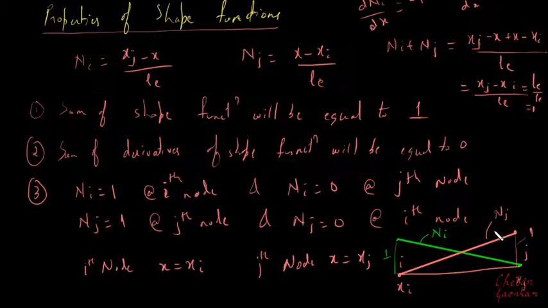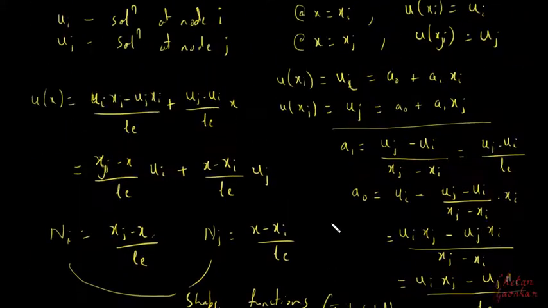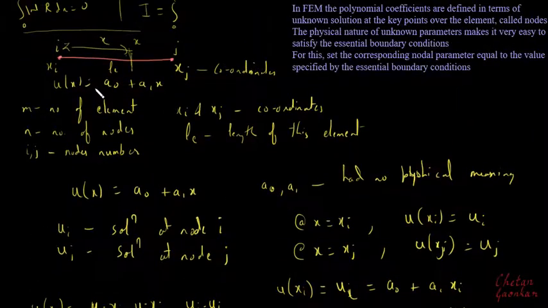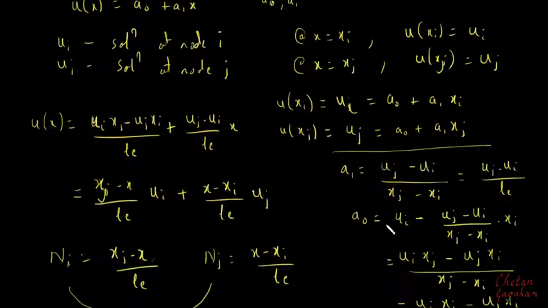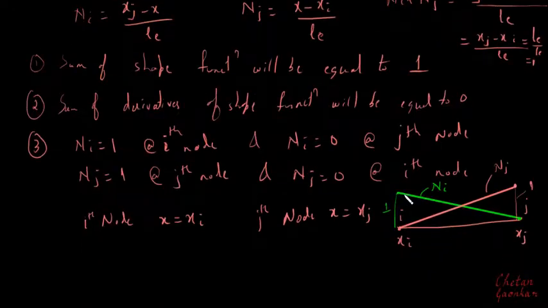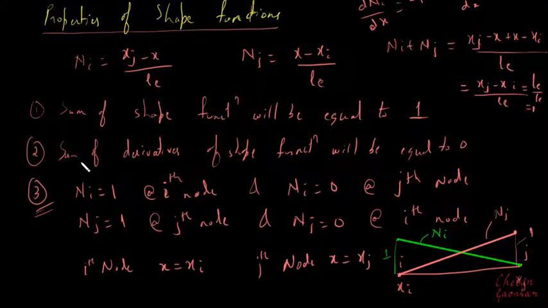So this is again a very important property, and if you see the variation of the shape function, it is linear, because if you remember, we had considered our solution to be a linear solution initially, so they will vary linearly also. So this is the third most important property of the shape function. So these are the three important properties of this shape function.